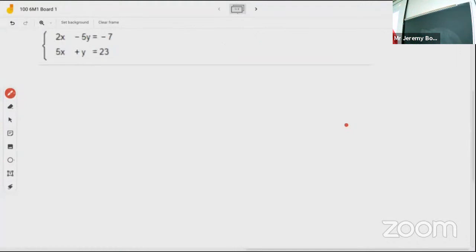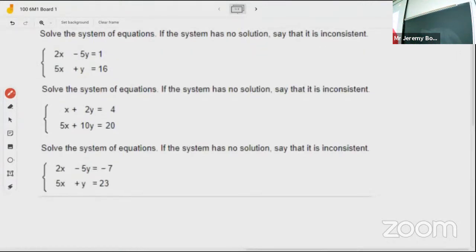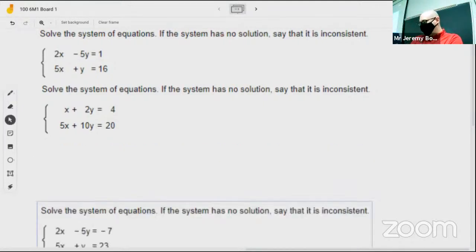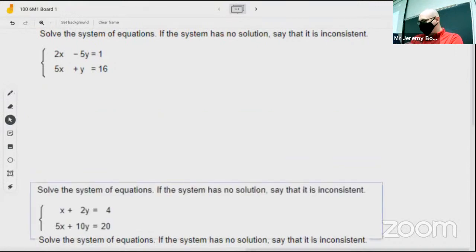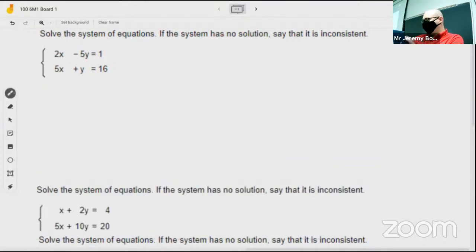Let's see what these look like. All right. So what did y'all do first for the first one here? Okay, yeah, that'll work.